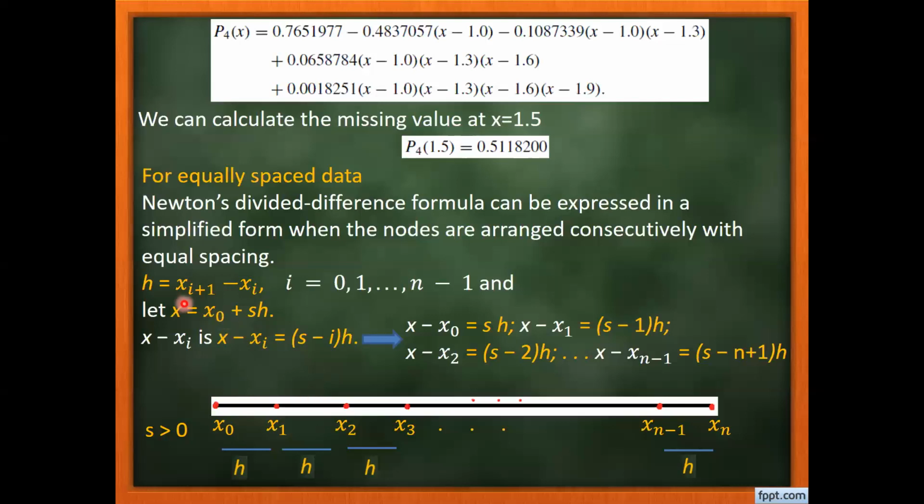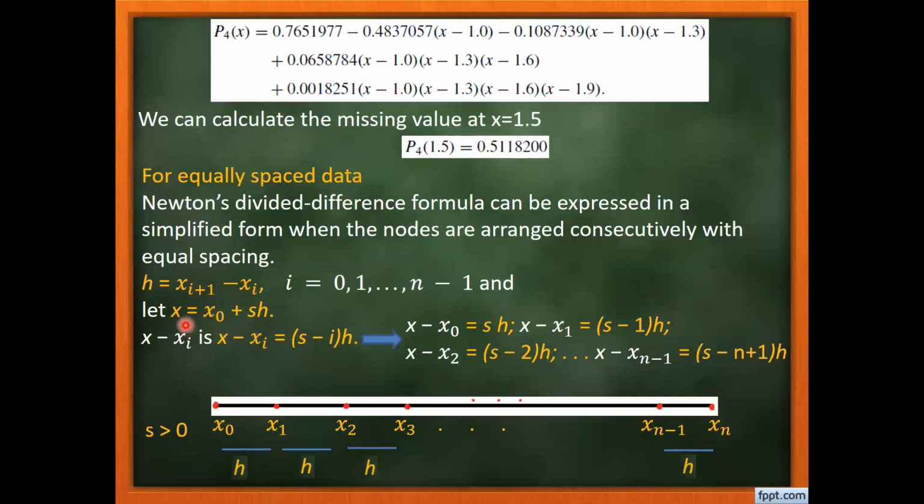So if we have equal spacing, h is equal to the difference between any two nodes, and x will be represented by x0 plus sh, where s can be an integer value or a fractional value. If s is a fractional value, we are going to land somewhere in between the nodal values.